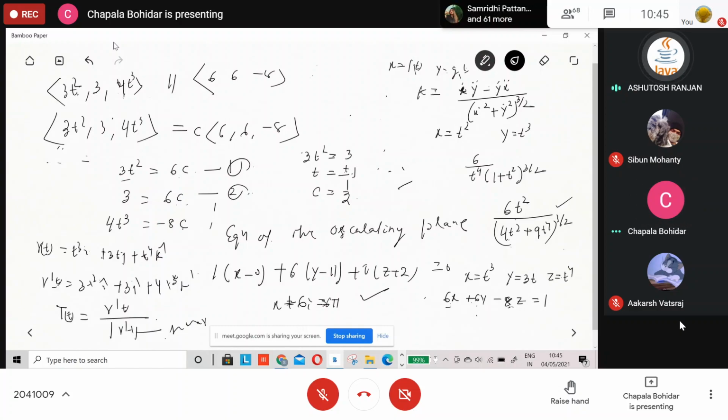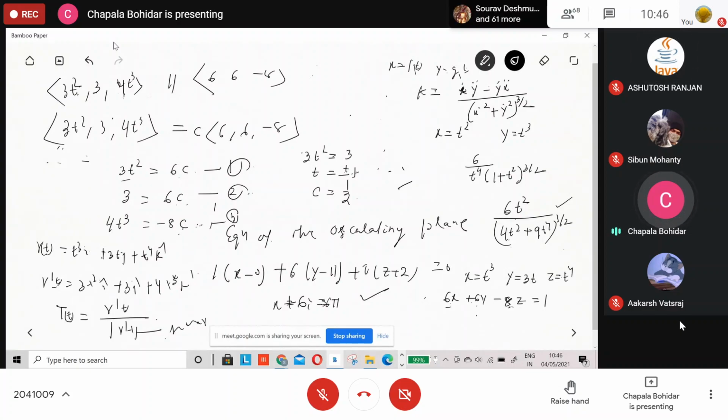First two are satisfied. If I'm considering t is equal to plus 1, c is equal to 1 by 2. Is the third one satisfied? No. When I'm substituting minus 1, yes, it is satisfied. Check it.